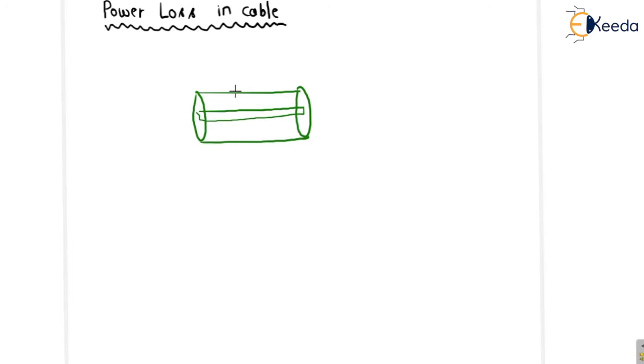This will be Ig, the leakage current, and this will be IC, the charging current.